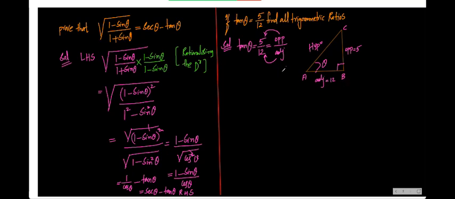We don't know the hypotenuse. Again, we have to use the Pythagoras theorem and find out the hypotenuse side. This Pythagoras theorem is AC square is equal to AB square plus BC square.